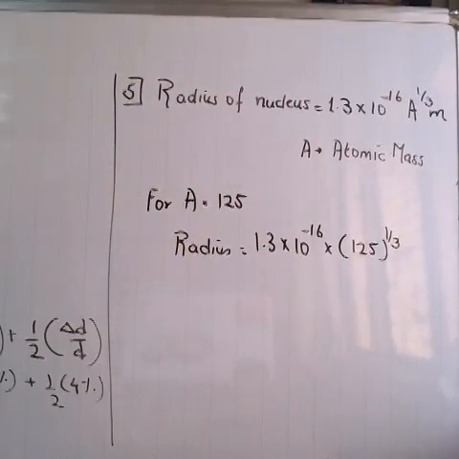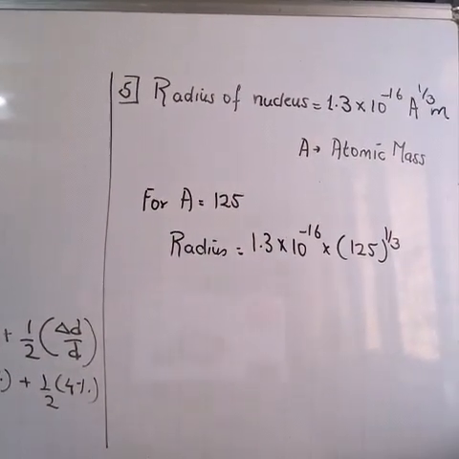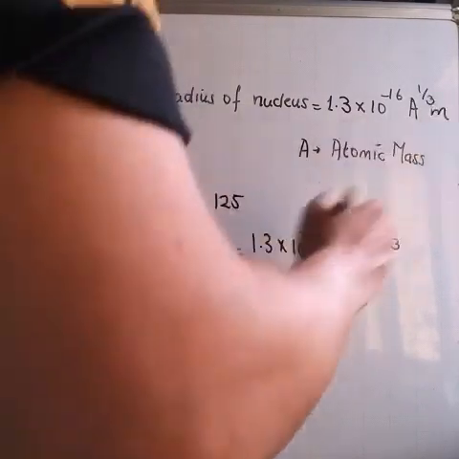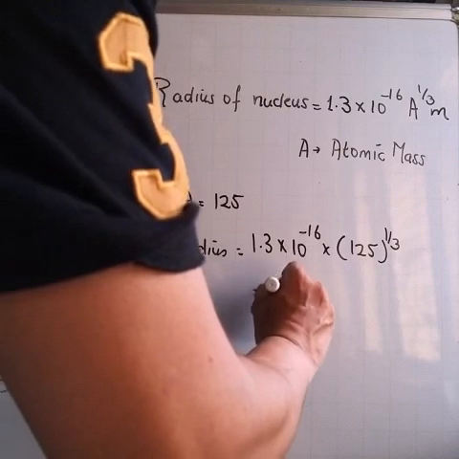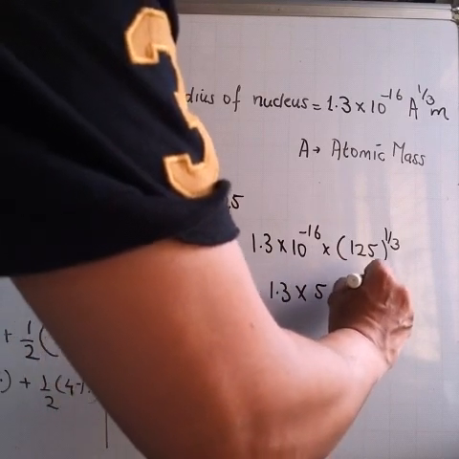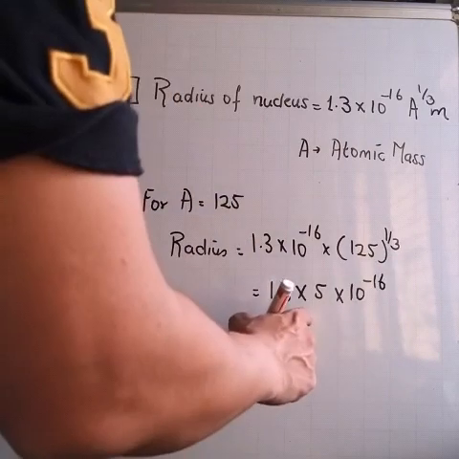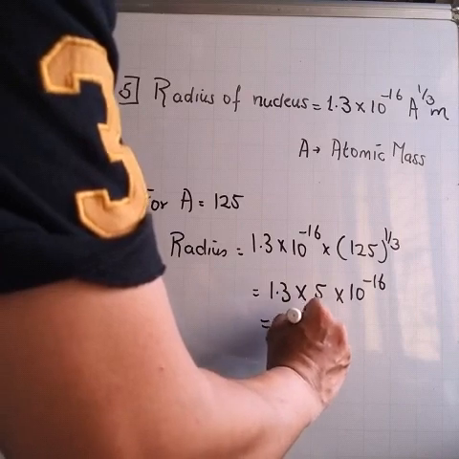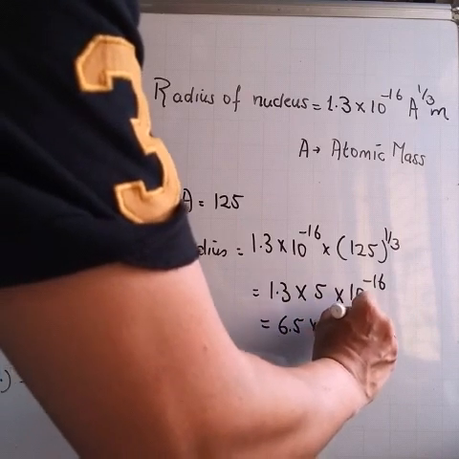Now 125 raised to 1 by 3 means cube root of 125, which is 5. So you get 1.3 into 5 into 10 raised to minus 16, and this becomes 6.5 into 10 raised to minus 16.